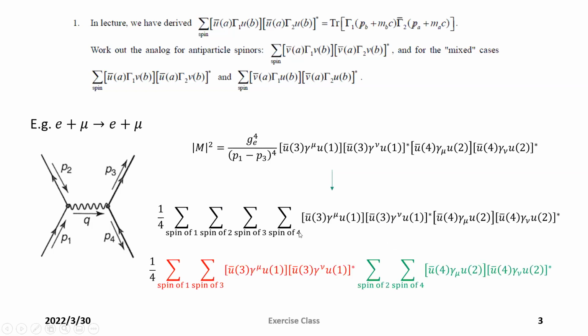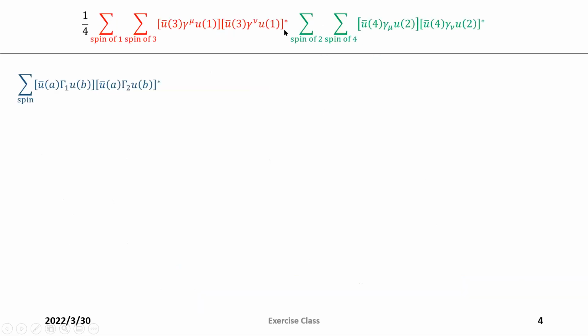And you can see that these 2 terms only relate to particles 1 and 3, so we can pull them out, and we can form 2 big summations. And you can see that these 2 summations actually have the same form like this. So now we can focus on simplifying this.